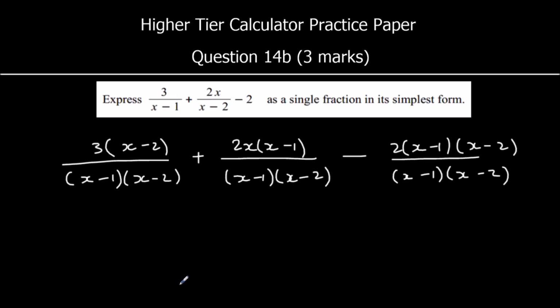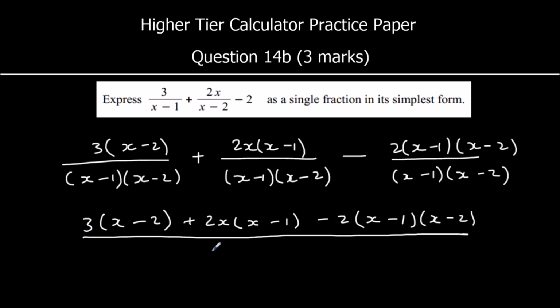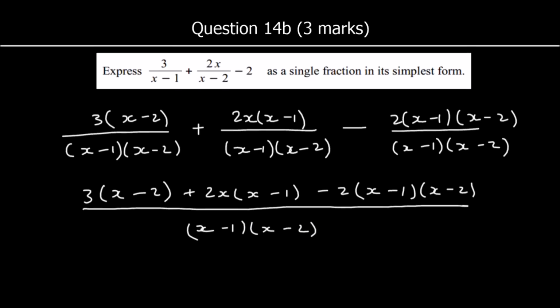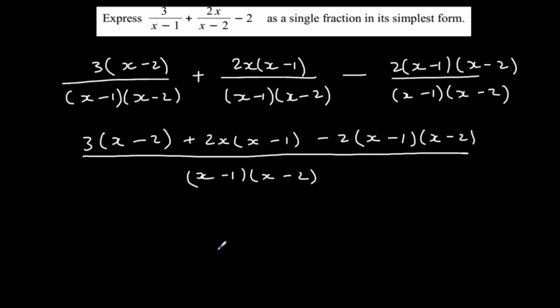Now the denominators are the same, we can write it as a single fraction. So we've got 3 times x minus 2 plus 2x times x minus 1 minus 2 times x minus 1 times x minus 2, all over x minus 1 times x minus 2. So we can expand and simplify the top line.